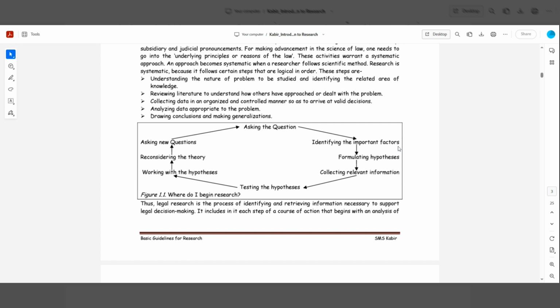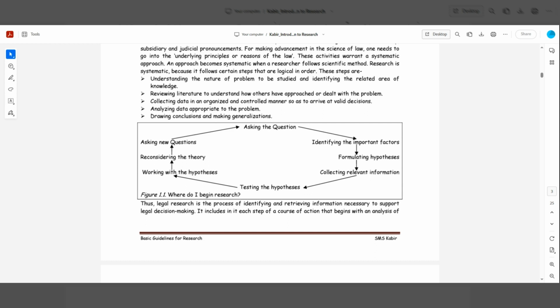Going back to the types of research in the week 1 module, different types of research will determine if you're going to have more of a scientific method and formulate a hypothesis, or a thesis with more descriptive, historical research. And then collecting relevant information.